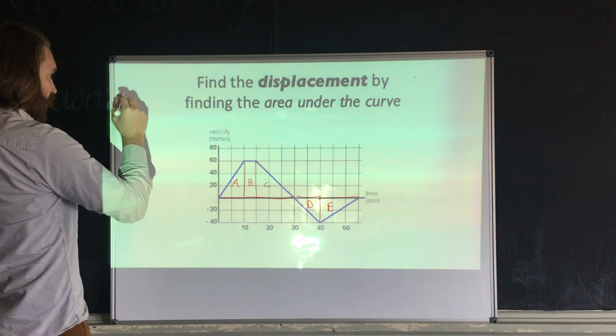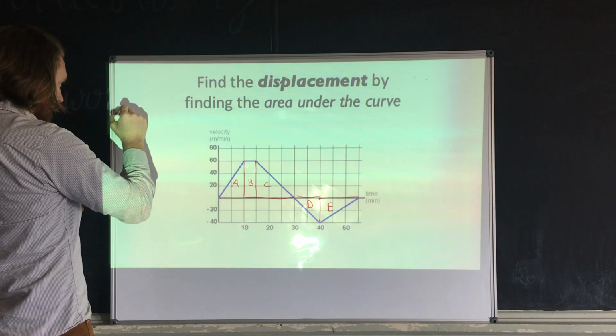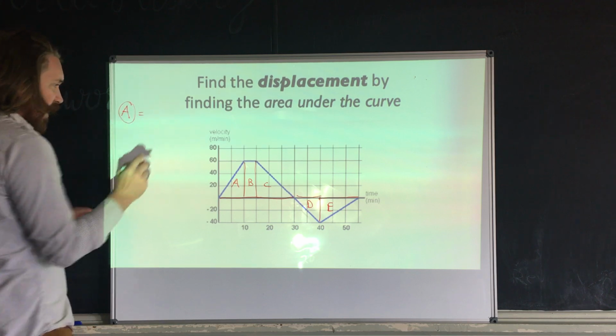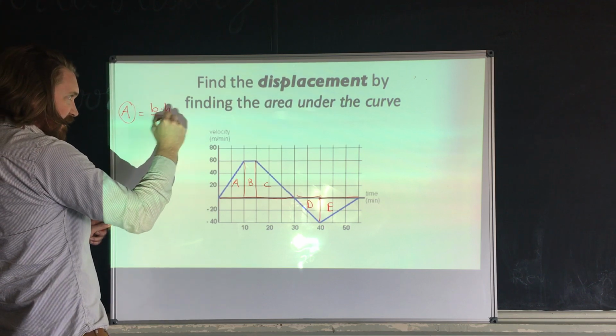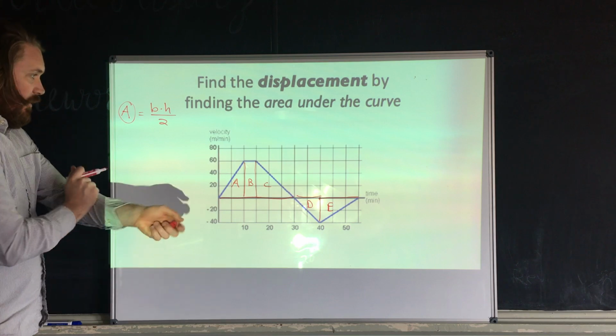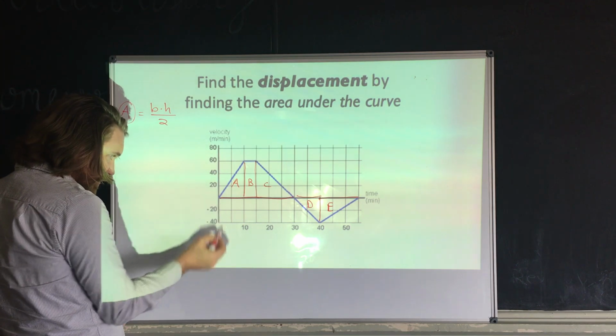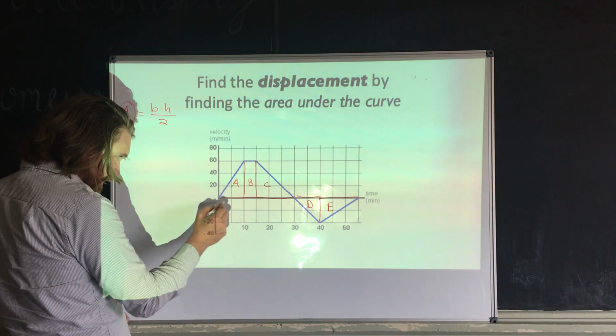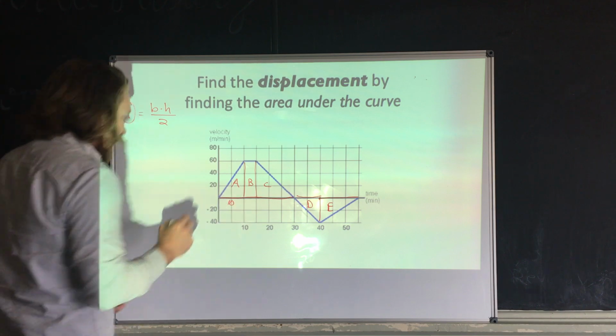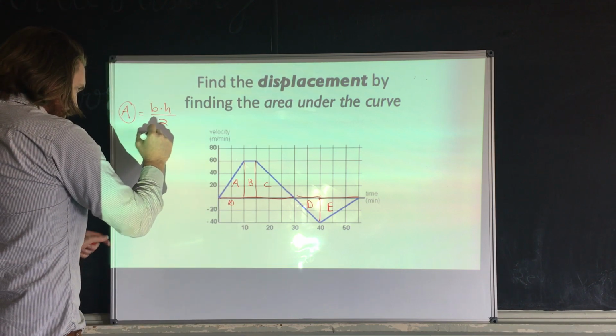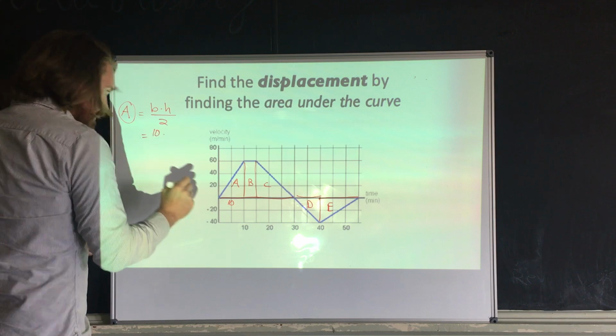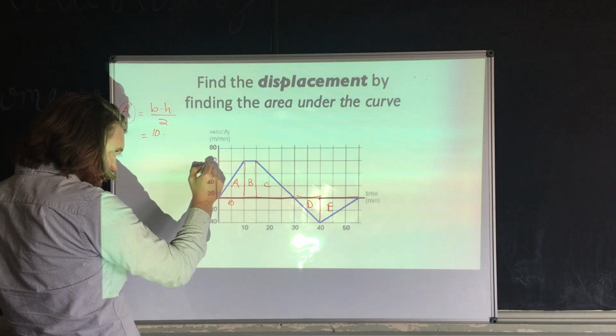Okay, so A is a triangle, which means base times height divided by 2. My base here goes from 0 to 10, so this piece here is 10. So my base here is 10 times my height right there.